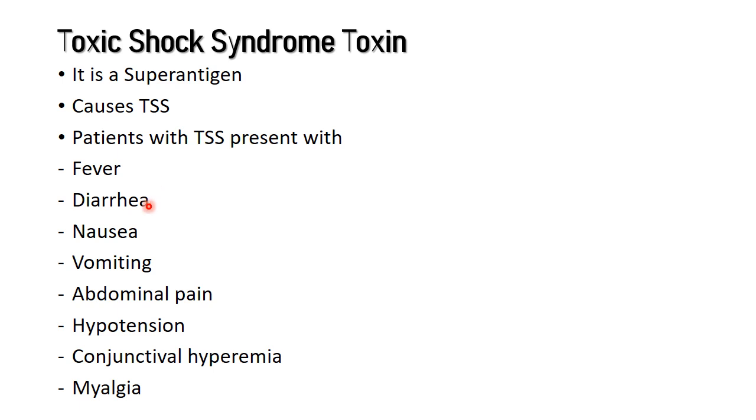Then it causes diarrhea, nausea, vomiting, abdominal pain and hypotension due to this massive pooling of blood outside the vasculature due to inflammatory response. Then it also causes conjunctival hyperemia due to stasis of blood in different organs, such as the conjunctiva, and also it causes myalgia. Okay, so that's much about toxic shock syndrome.